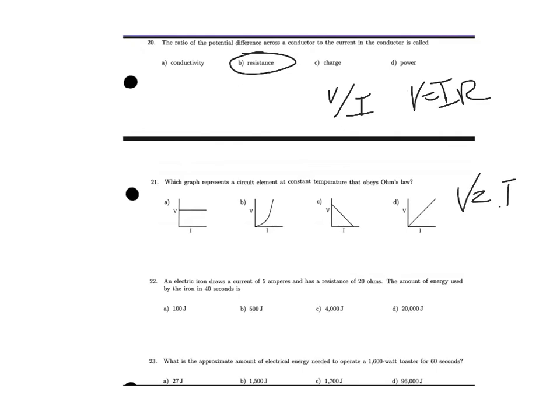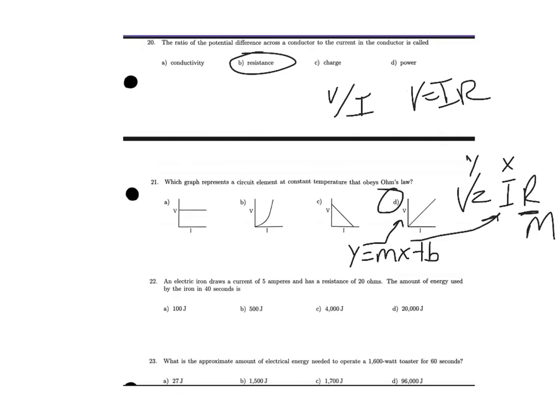Well, if you're doing V is equal to IR, then R would be your slope, M, and if this was your Y and this was your X, then you would basically have a linear slope, and so 21 is D. So anyway, it's basically Y is equal to MX plus B, where your Y is your voltage, and your X is your current, and your M would be the R.